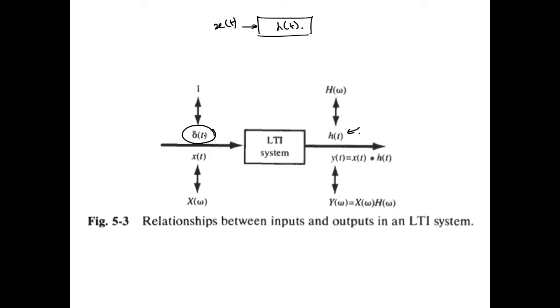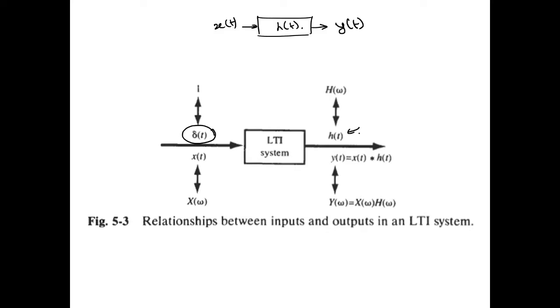Whatever response you get after you give the input impulse is regarded as the impulse response. So this h(t) is nothing but the output of the system y(t) when you have given an input impulse to it.